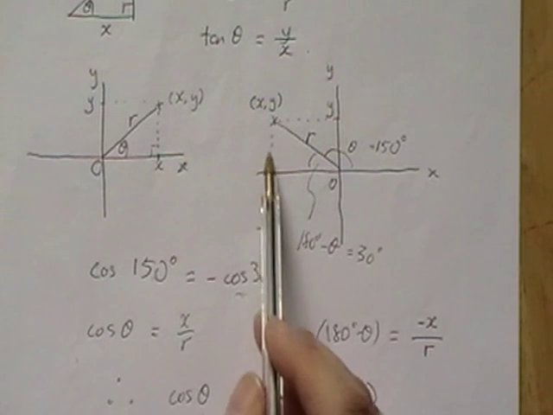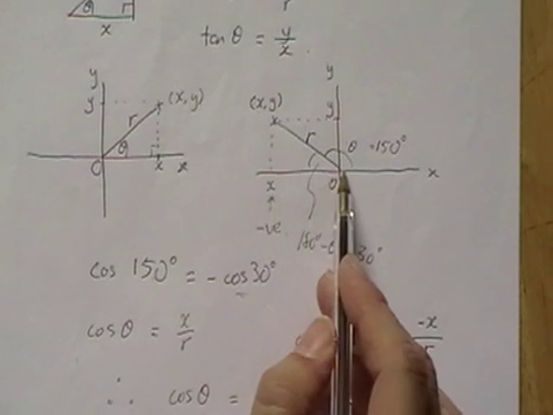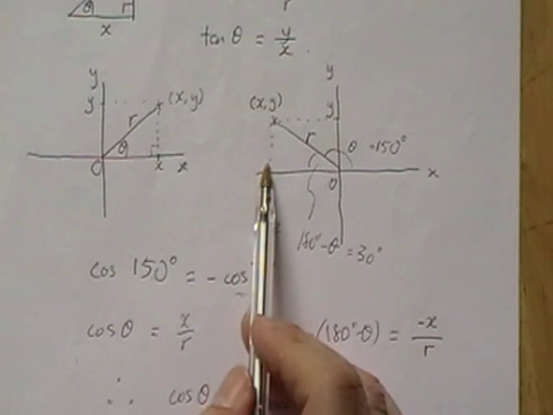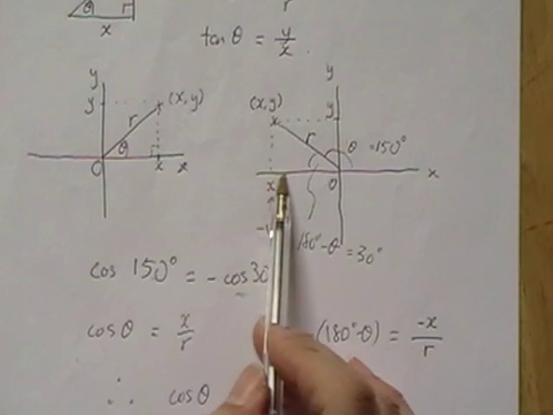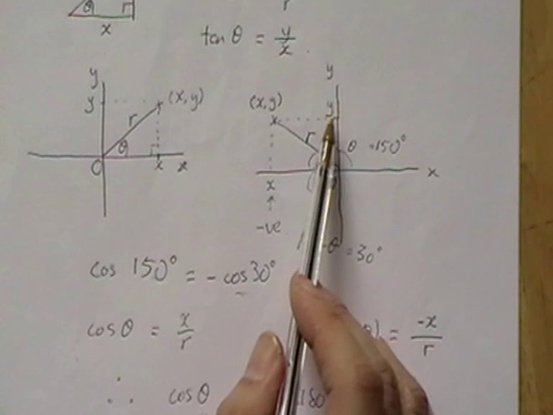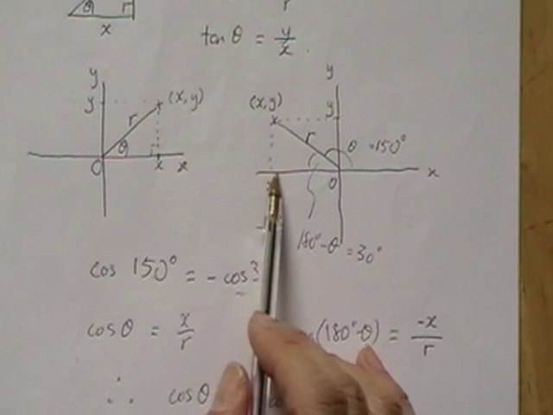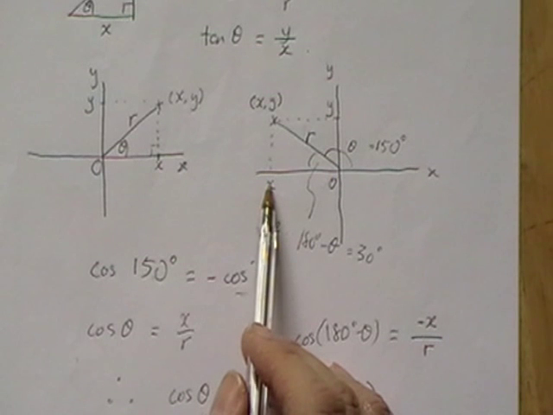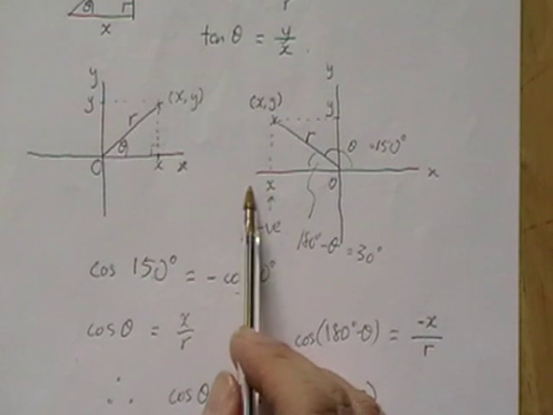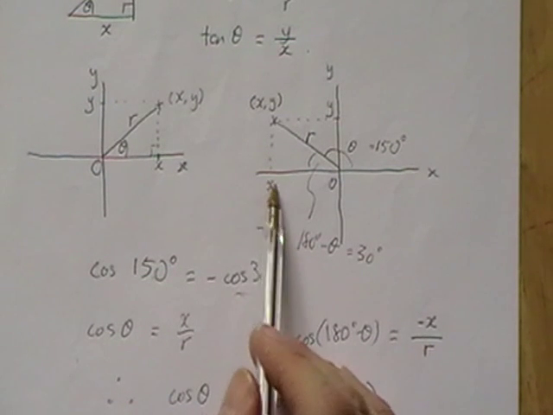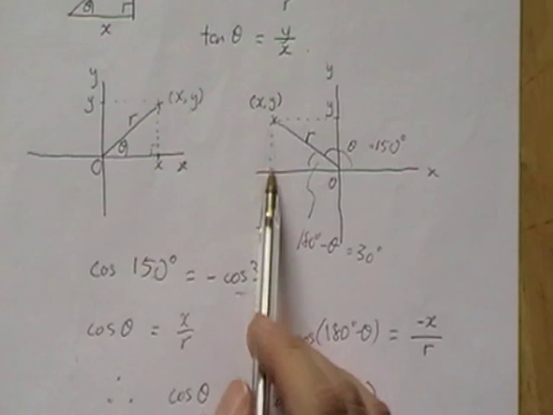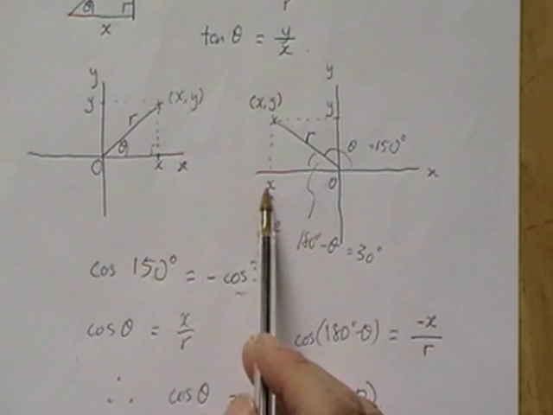So we can look at this right angle triangle again and say that the tangent of this angle is equal to this vertical side divided by the horizontal side. Now the vertical side is equal to y, because y is positive, but the horizontal side is not equal to x because x is negative. But if we put a minus sign in front of x, then it becomes positive and we can use that.